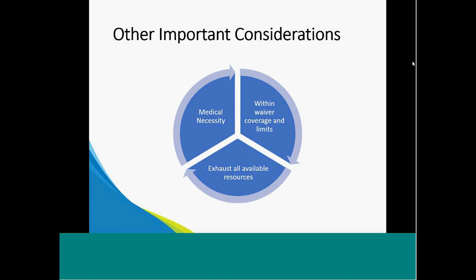The services must be within waiver coverages and limitations, so it should match the criteria in the handbook. If somebody's requesting something that is not allowable in the handbook, like, for instance, companion services for somebody under age 21, please educate the consumer and their support team on what is available for that individual. We see quite a few requests for companion services for people under age 21, and there's just no way we can approve those.